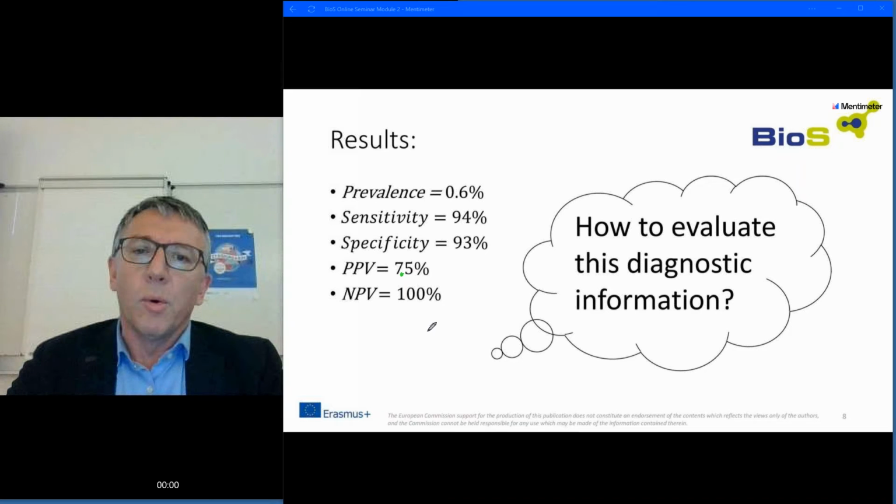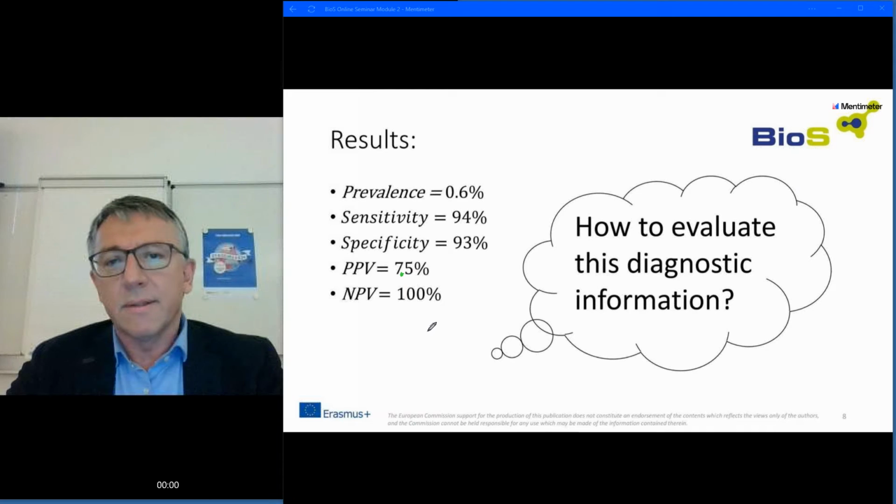So if you are a woman who is 55 years old and you go to a mammography, to a breast cancer screening with mammography, the chance of having the disease after being tested positive is 7.5%, while it was 0.6% before the test.